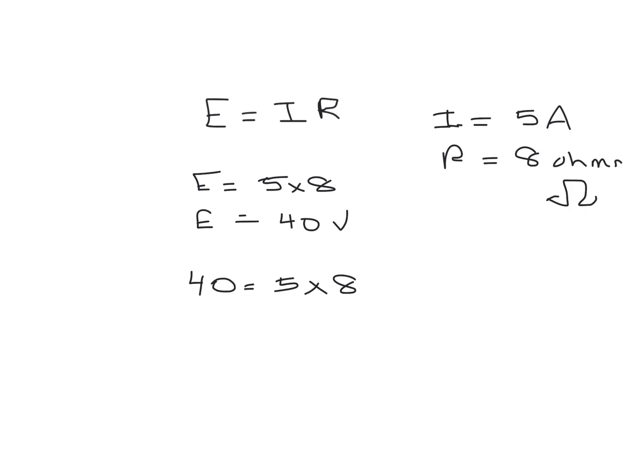So here's another way to think about a problem-solving skill. If you knew the E and you knew the I and you had to solve for the R, you would know that 40 divided by 5 gives you 8. If you knew the E and you knew the R, 40 and 8, you could solve for the 5, which would be the current.